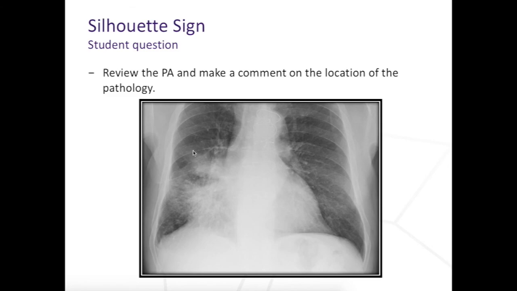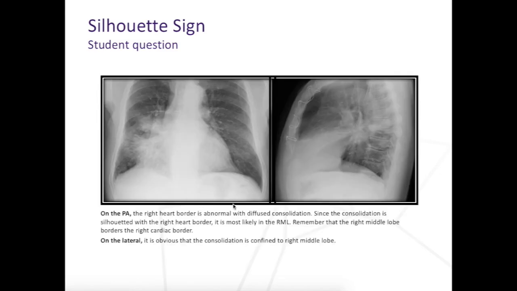You see all of these spiraling, radiating reticular patterns. No air bronchograms through this particular opacity, density. So this is probably going to be a right middle lobe collapse.